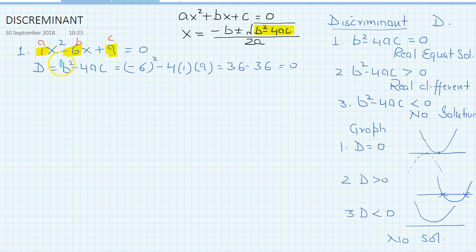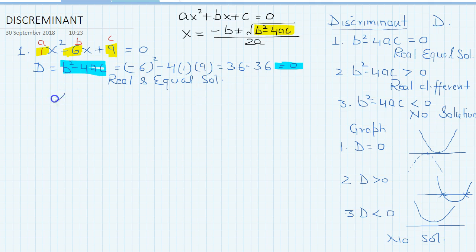So what we have, b square minus 4ac is equal to 0. When it is 0, it's real and equal solutions. So this is real and equal solution.